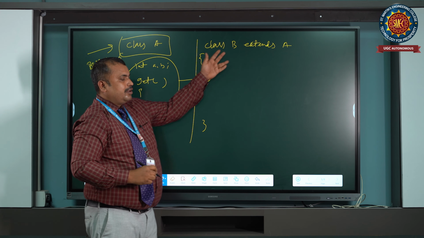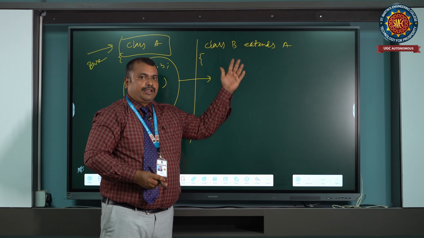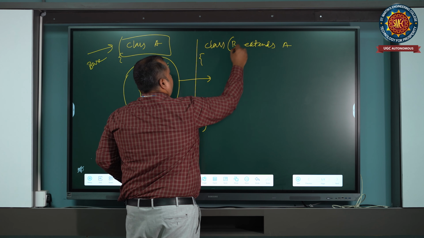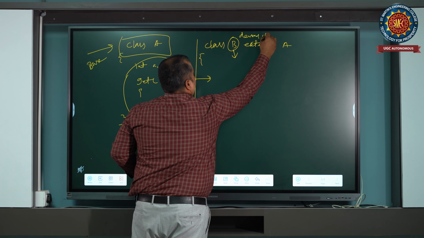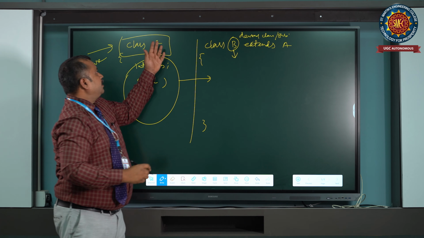But we can have additional features also. Whatever you want to implement in class B, you can add that also. That is called inheritance. Class B is a derived class or subclass constructed from the base class or super class.